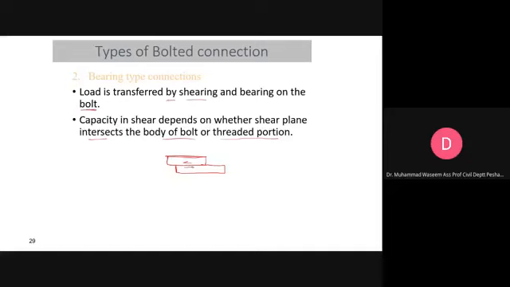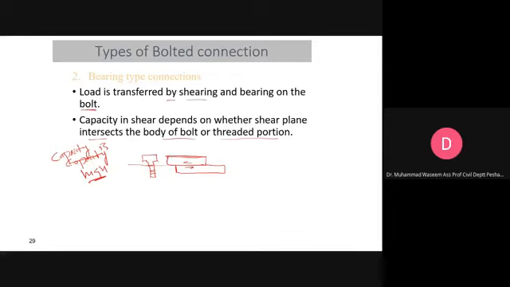Okay, if this shear plane passes through the body of the bolt which is not threaded, okay, so the capacity of the bolt is high.